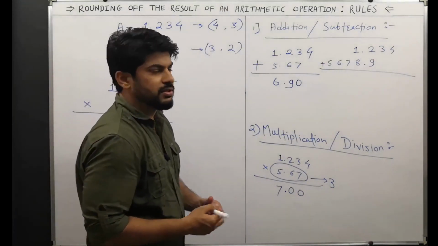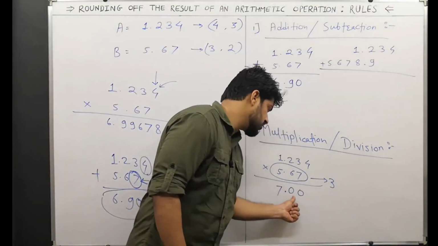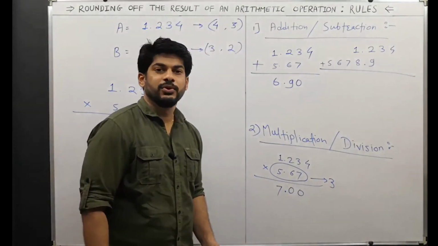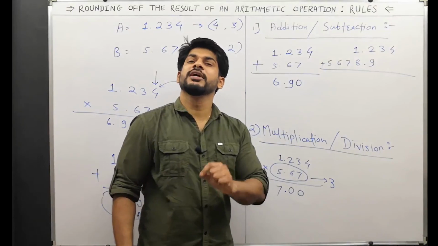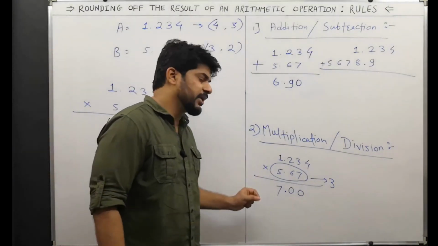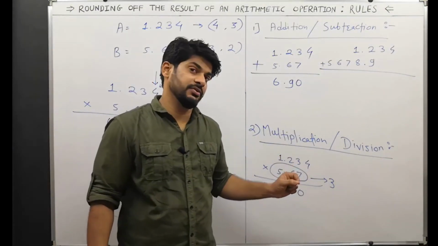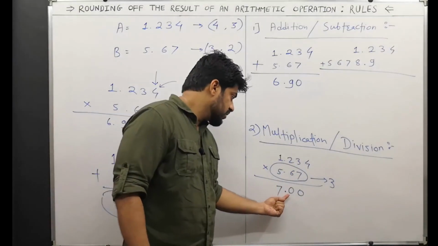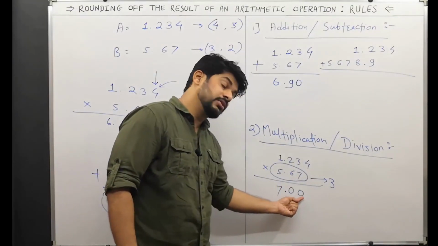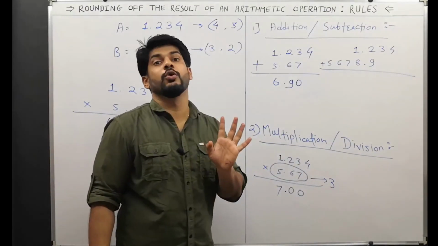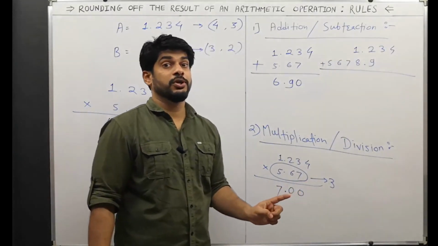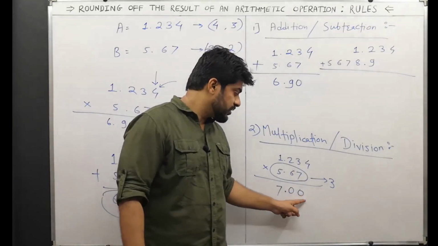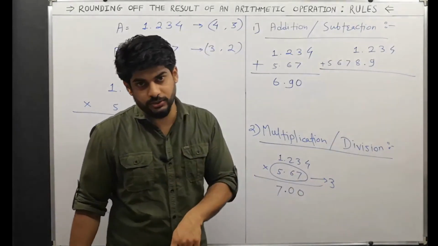Now you might ask, why write these 0 and 0? Why can't we just write 7? Numerically it is fine, but scientifically it is not fine. Over here these 2 digits talk about the precision of the answer. So that's why we should retain these 2 zeros also.